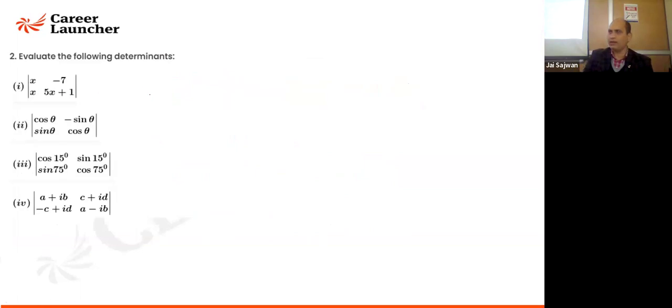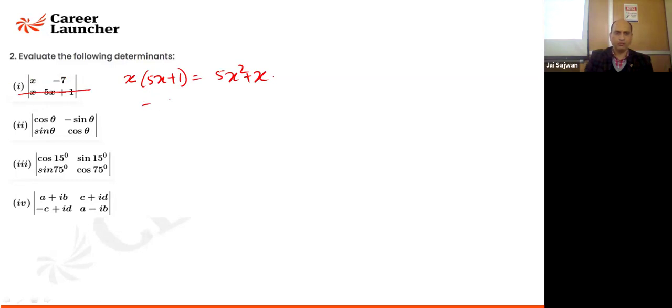Okay, now can you find out the determinant of this? Should I give you one example? You took x, first row, first column will not come. 5x plus 1, this is 5x square plus x. This is determinant. Second, if you don't want to go by this one, okay? I want to take second row, first column.